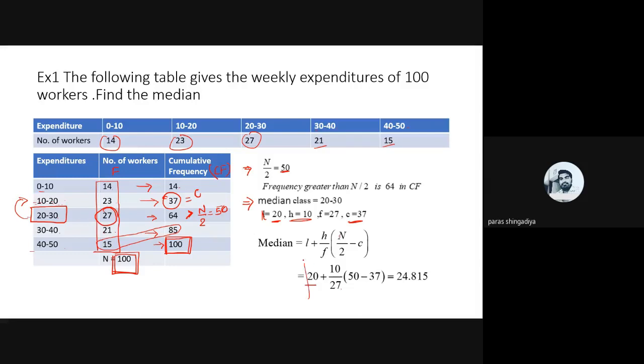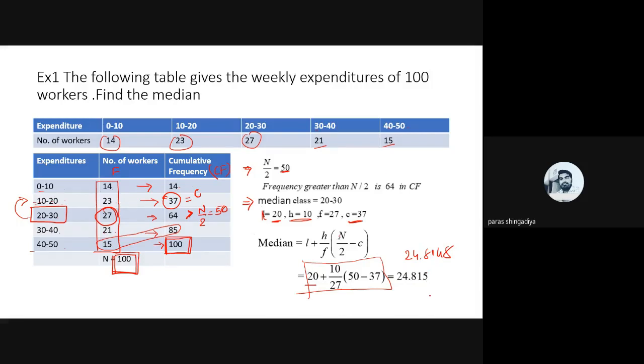Just simplify that in the calculator. First check the bracket, then multiply by 10 and divide by 27, and add 20. Here you will get 24.8148 something. You can round it off to three digits, so 48 will become 5, giving 24.815.